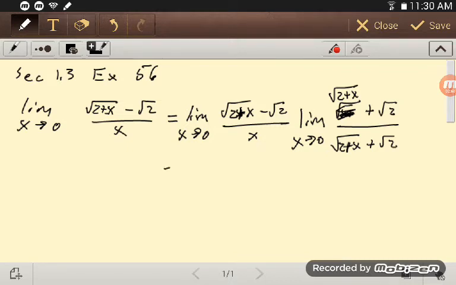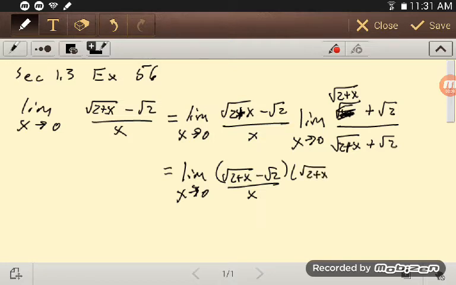And so now I combine those because I have those two limits that are multiplied together. I can combine them underneath, and so I have my square root of 2 plus x minus the square root of 2 over x, and the square root of 2 plus x plus the square root of 2 over the square root of 2 plus x plus the square root of 2.